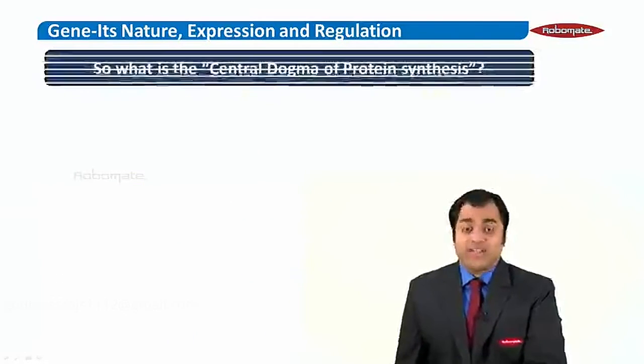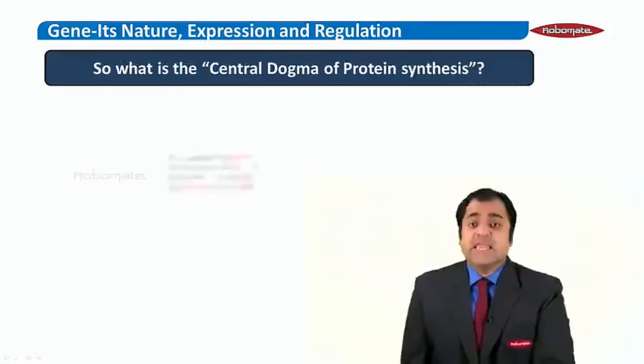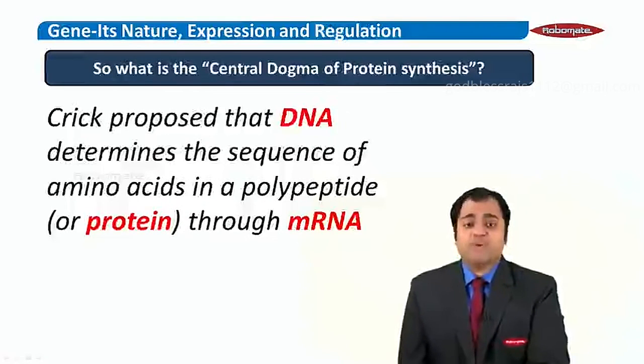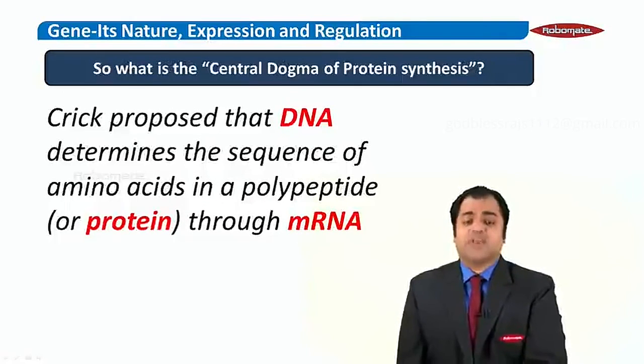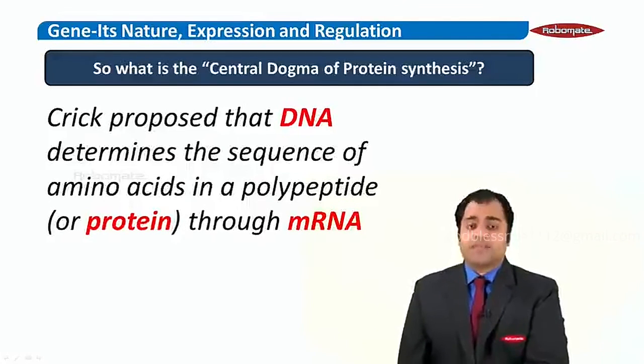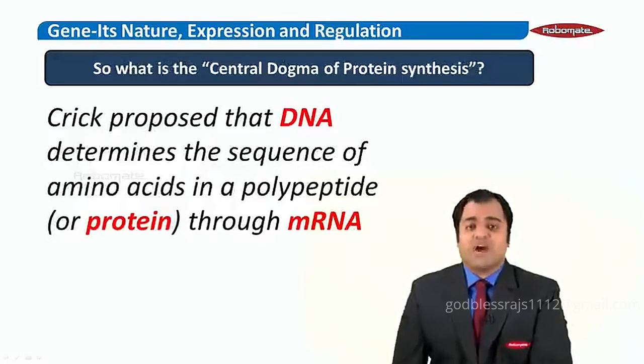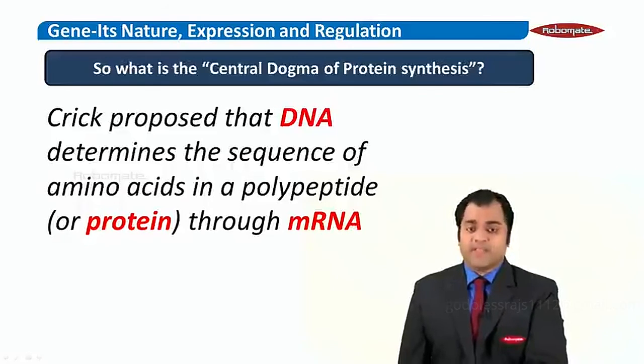Once again, what is the central dogma of protein synthesis? Francis Crick proposed that DNA determines the sequence of amino acids in a polypeptide or a protein through messenger RNA or mRNA.